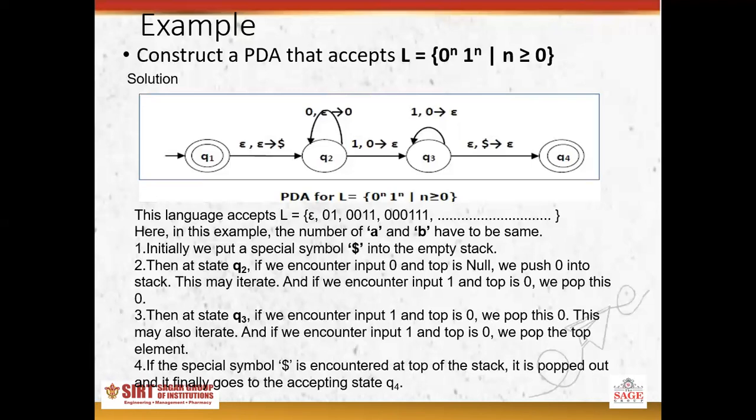This may iterate. If we encounter input 1 and the top is 0, we pop this 0.